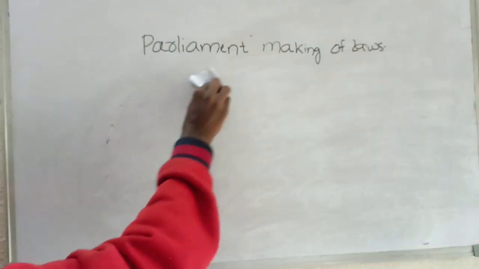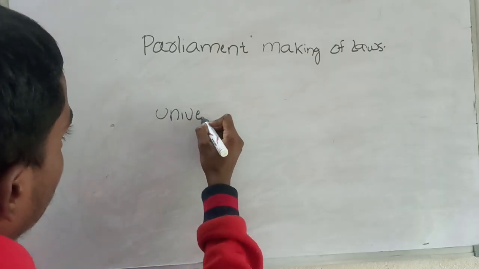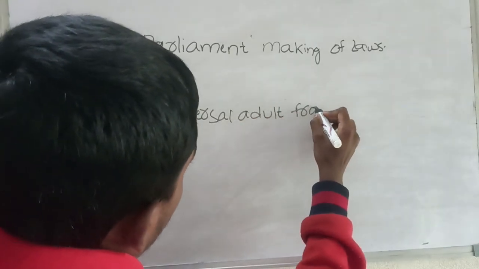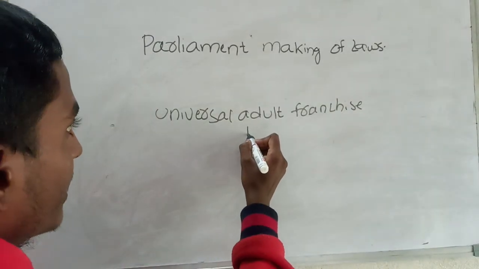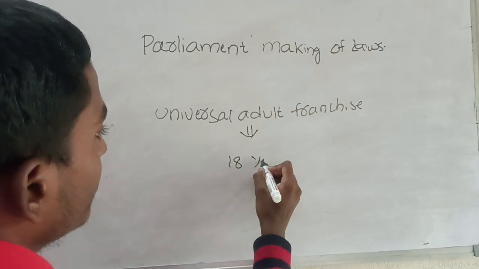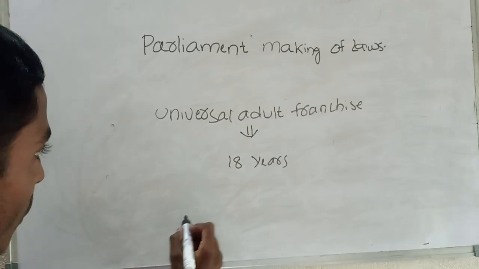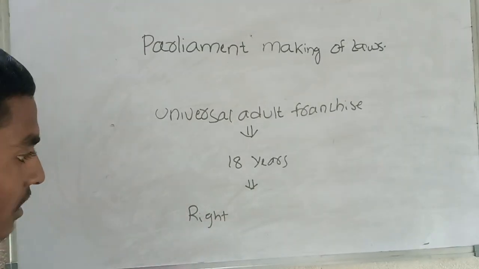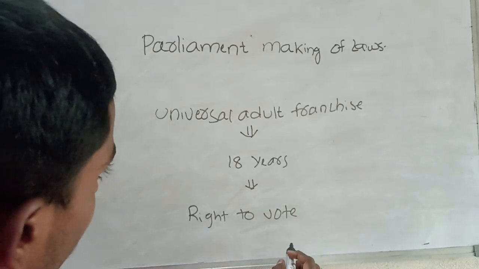Universal adult franchise says that those who cross the age of 18 years, and are citizens of our country India, have the right to vote, irrespective of religion, caste, gender, creed.